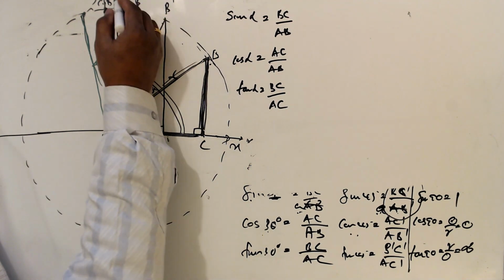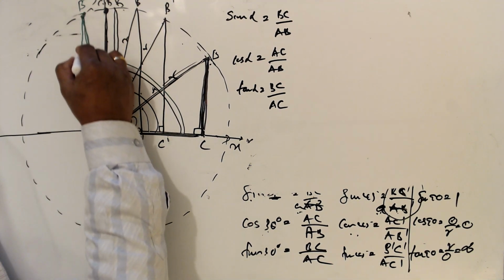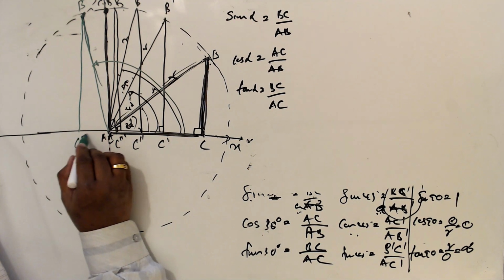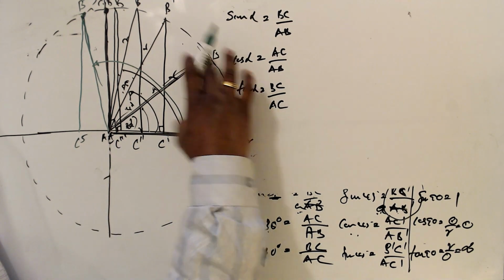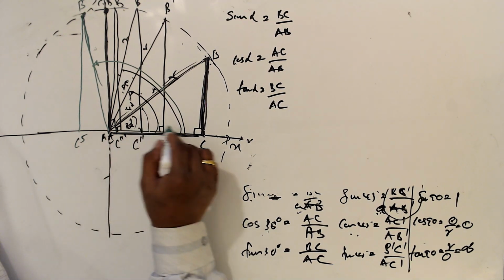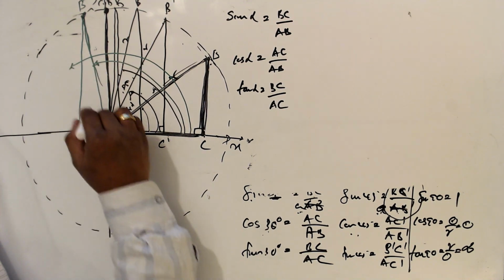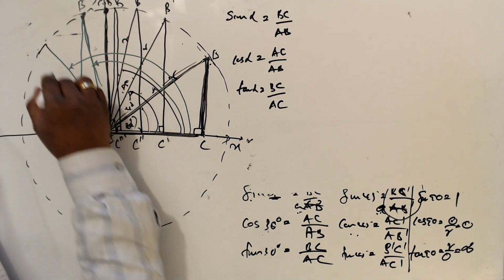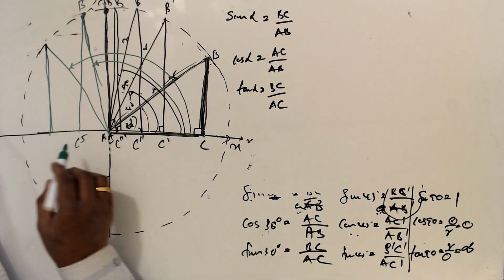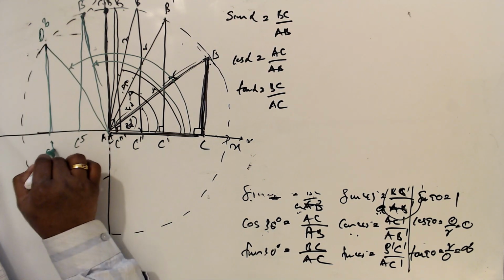So B1, B2, B3, B4. This is B5 and this is C5. Now you can see that this BC is now B5, C5 here. Now I am expanding more. Now this is B6, C6.